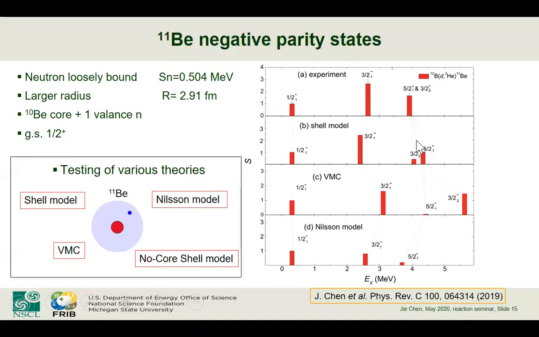As you can see here, the shell model calculation can correctly predict the spectroscopic factors compared to the experiment. But the level order of these two states, 3/2- and 5/2-, is inverted compared to the experiment.